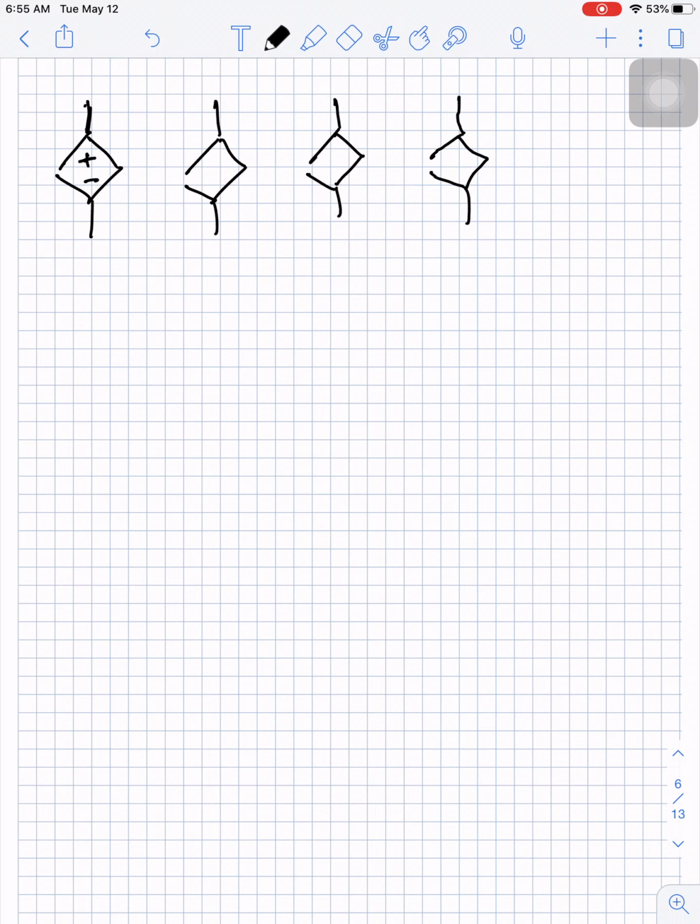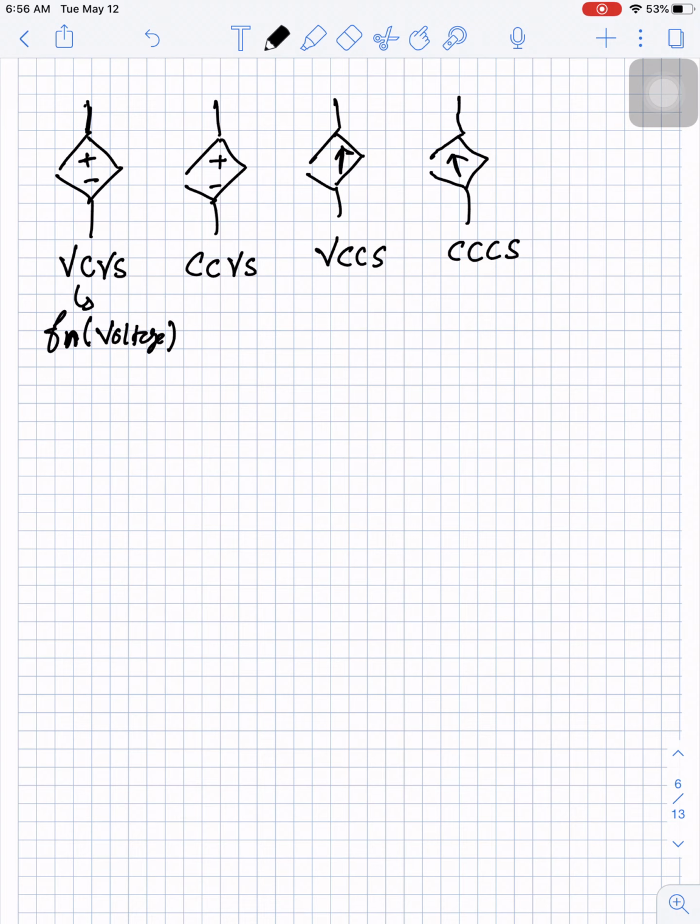We can have a voltage controlled voltage source, or a current controlled voltage source, a voltage controlled current source, or a current controlled current source, and the value here will be given as a function of voltage, and this value here will be given as a function of current.